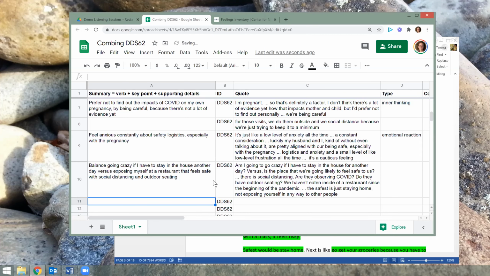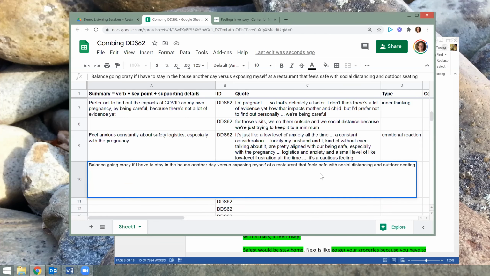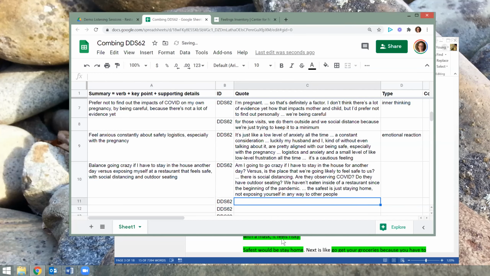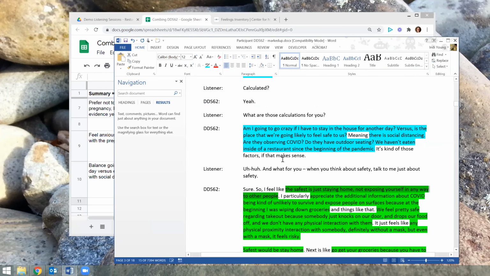Okay, there we go. We packed it all in. Balance, going crazy if I have to stay home or stay in the house another day versus exposing myself at a restaurant that feels safe with social distancing and outdoor seating. Okay. Let's go on.